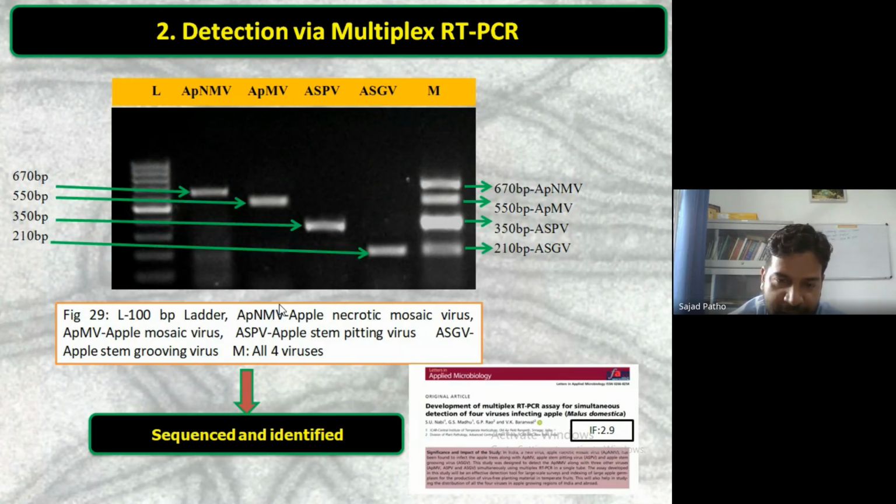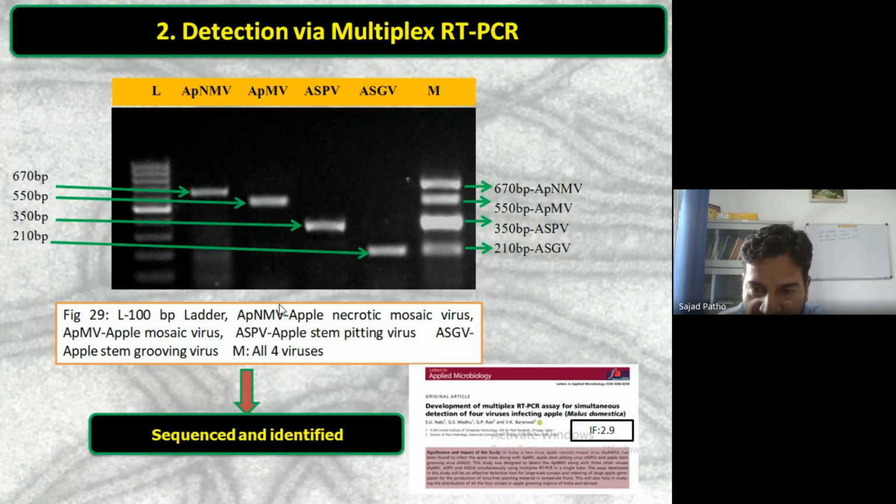For example, you are seeing here there are 4 viruses: apple necrotic mosaic virus, apple mosaic virus, apple stem pitting virus, and apple stem grooving virus. Here you can see the single detections. But when we detect all 4 viruses in a single tube, we call it a multiplex PCR. If we detect 2 viruses at a time, we call it a duplex PCR.